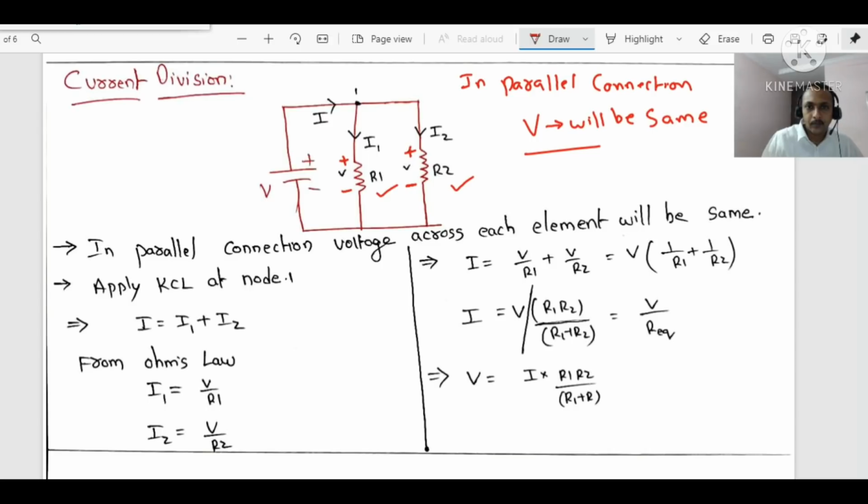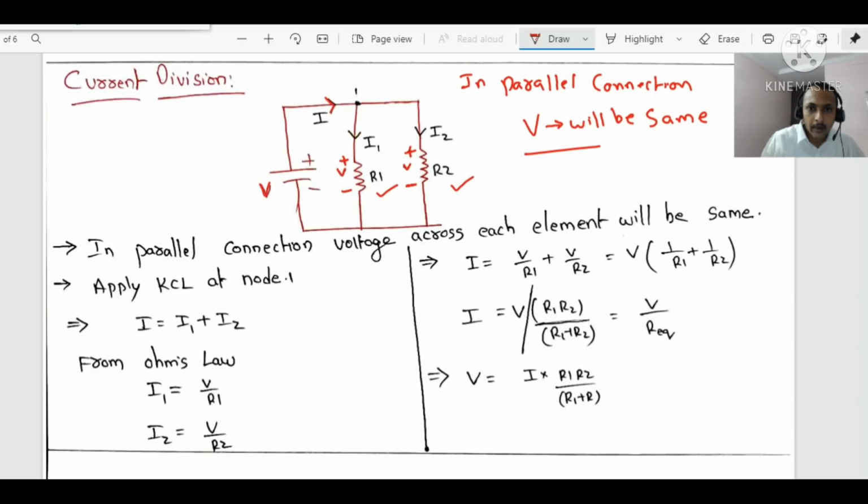This is an important basic. So the voltage across the source is V. This same voltage will be across the resistor R1 and also across R2, because all these three are in parallel. Now let me consider the total current entering the circuit as I.